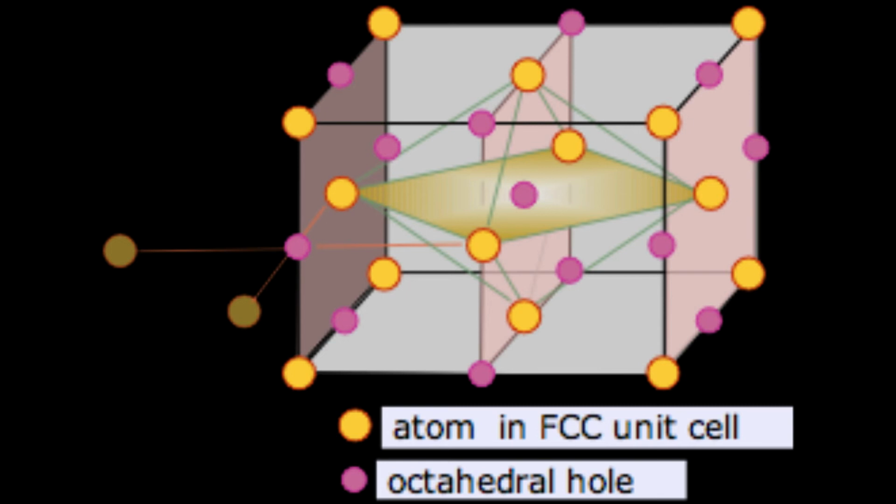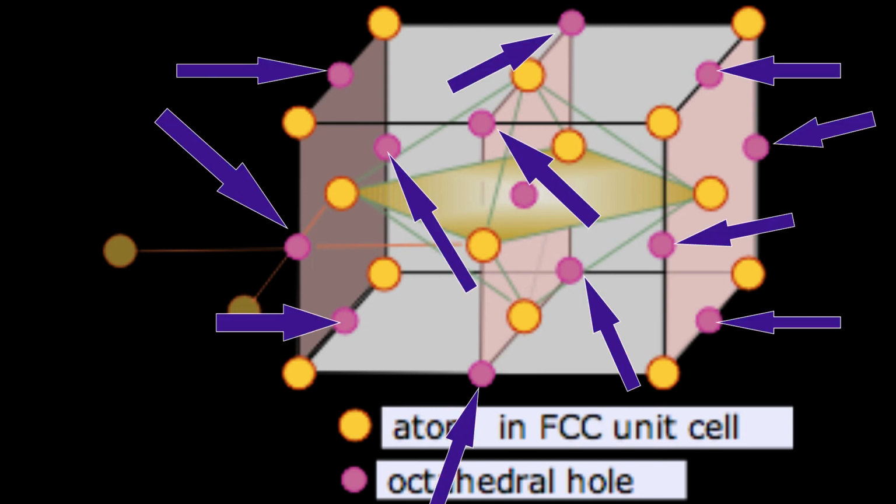Such how many pink atoms are there? The pink atom is situated at the center of the edge. How many edges are there for one cube? 12 edges are there. So each pink atom means 1 upon 4, and such 12 means 1 upon 4 into 12.